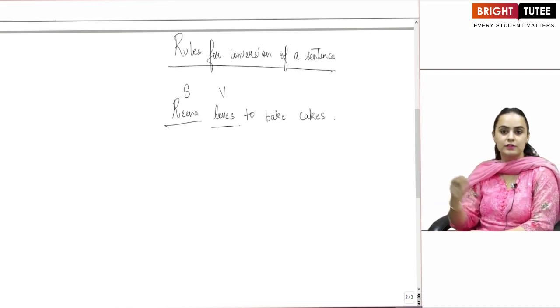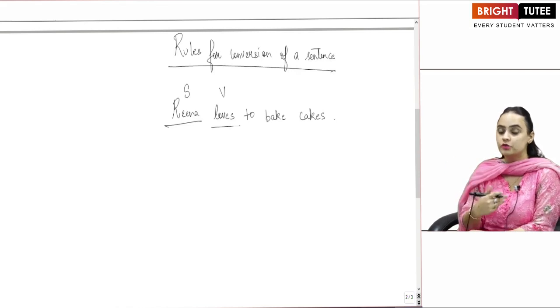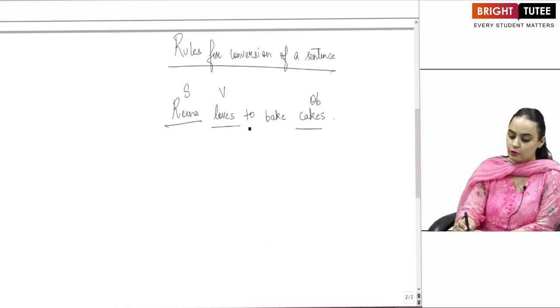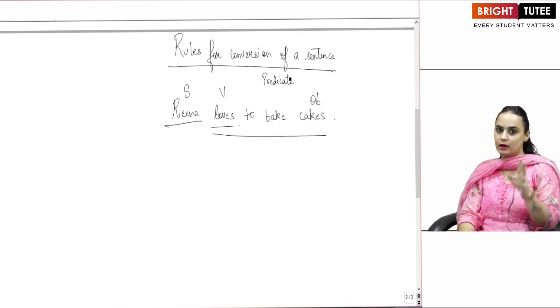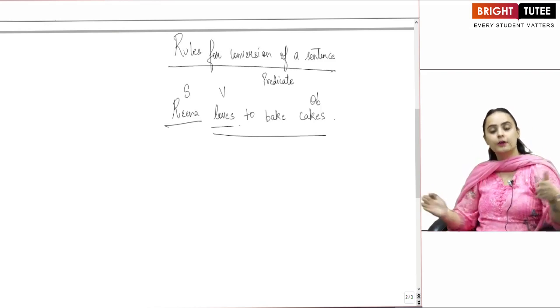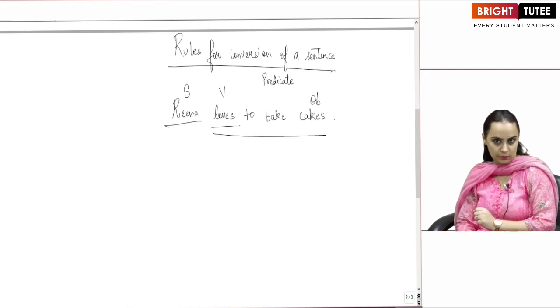And the rest of the sentence, or rather the object, what does Reena love to bake? She loves to bake the cake. We all know that this entire part, to bake cake, is a predicate. A sentence is broadly divided into two parts, subject and predicate. Predicate is further divided into a verb, a helping verb and an object.